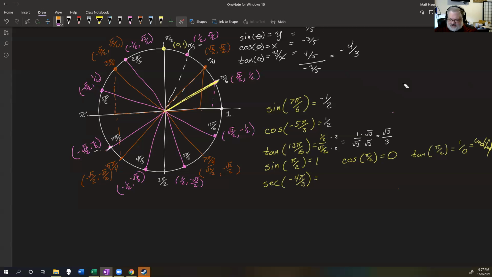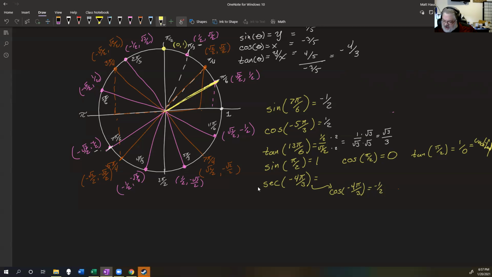Anyway, secant. I don't like secant. I like cosine. So let's say we asked what the cosine was instead. What's the cosine at negative 4 pi over 3? It's negative 1/2.